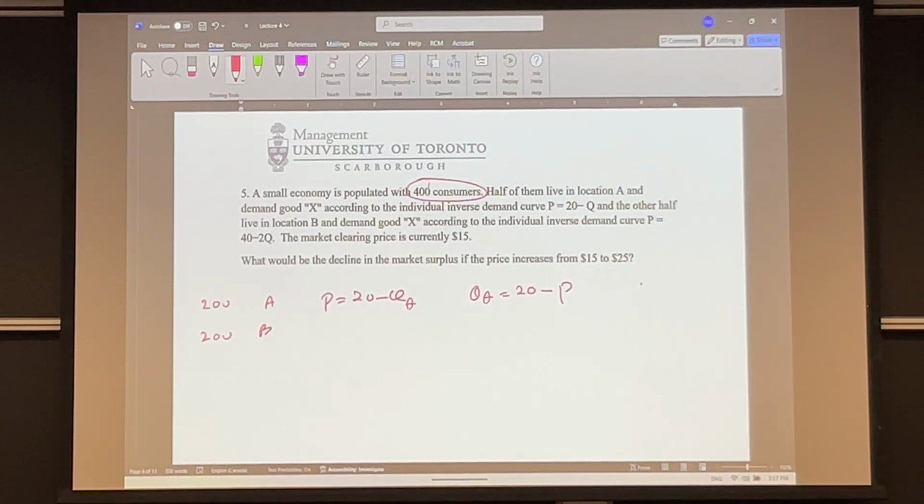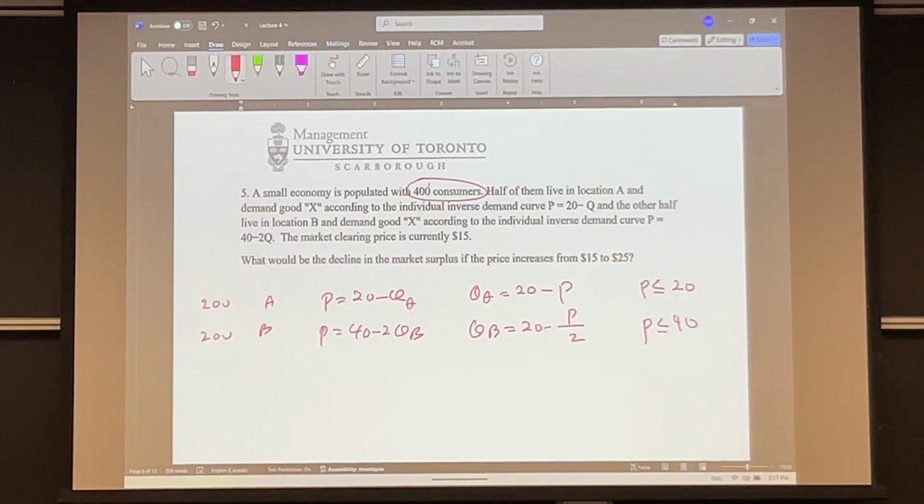And the reservation price for A is 20, right? For B, that's the demand. That would be the actual demand. And the reservation price is how much? 40.